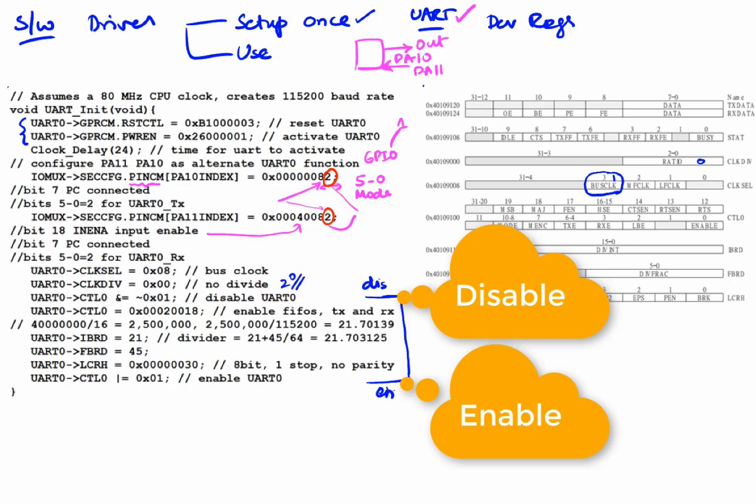That enable bit is right here in the control register, and that is this bit, bit 0. We started off by setting it to a 0 by doing AND with a complement, and we'll eventually turn it on by making it a 1. Okay. So that's our thing.